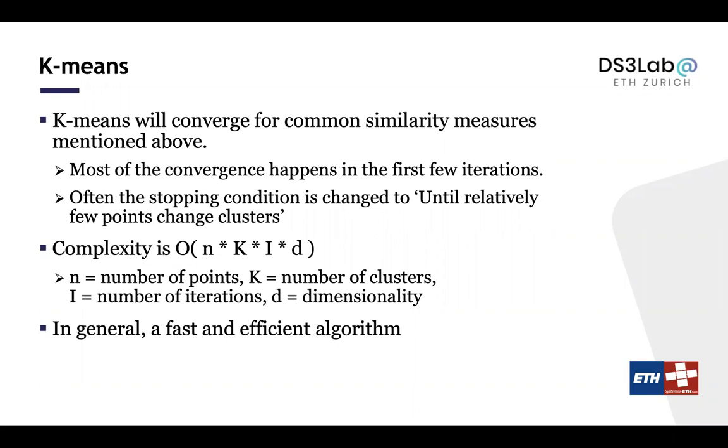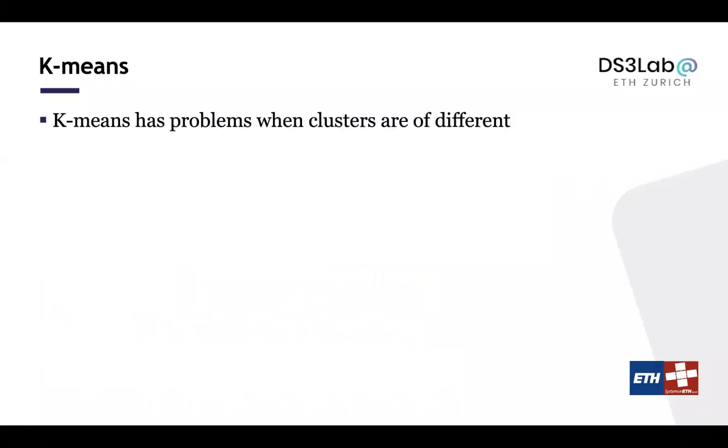In general, if you are not too crazy about the distance function you are using, it is a very fast and efficient algorithm. That is why when you are doing data science applications and want to cluster your data, this might be the first thing you want to try. There are a whole bunch of other ways you can do clustering, but k-means is popularly used because in many cases it's very fast and efficient.